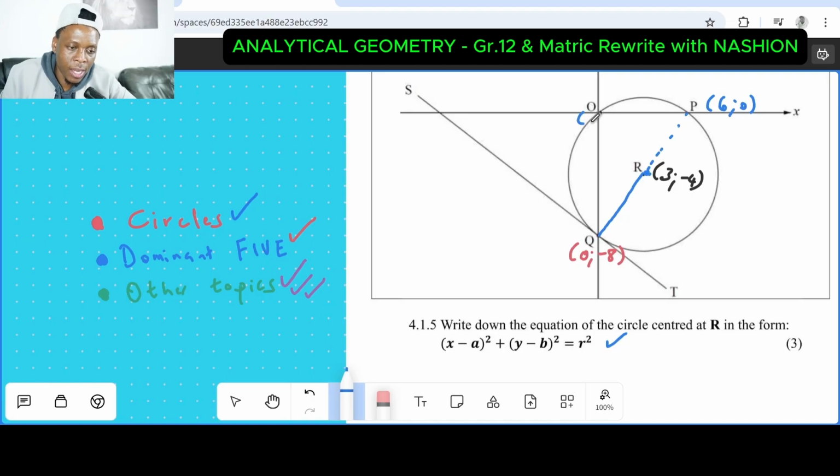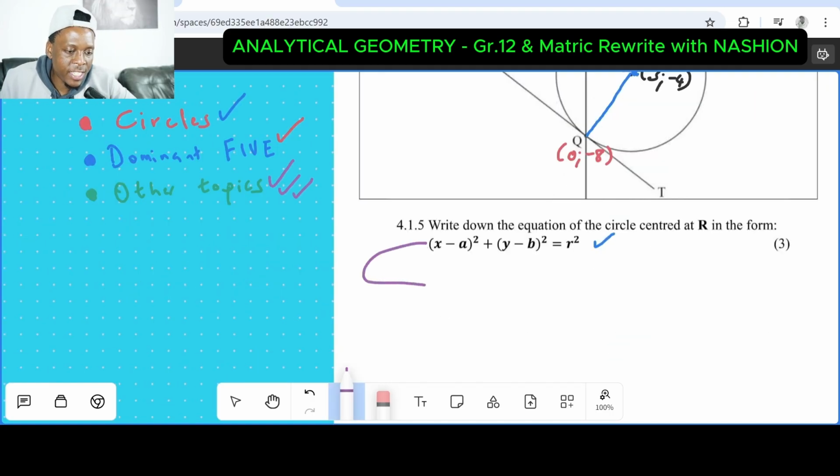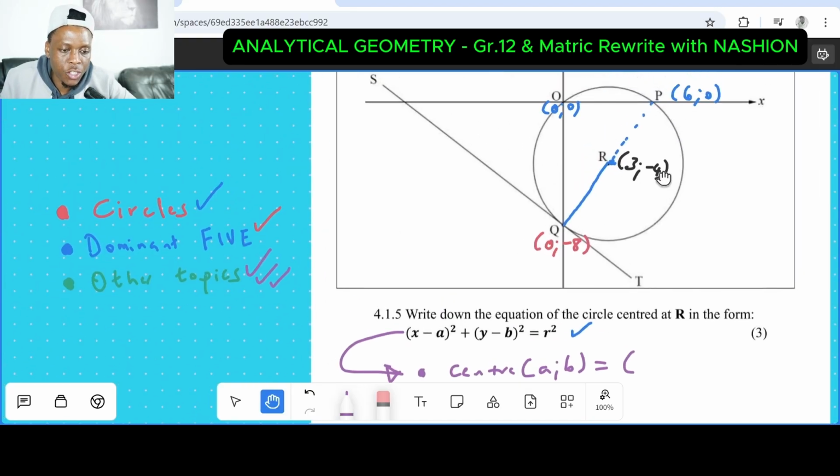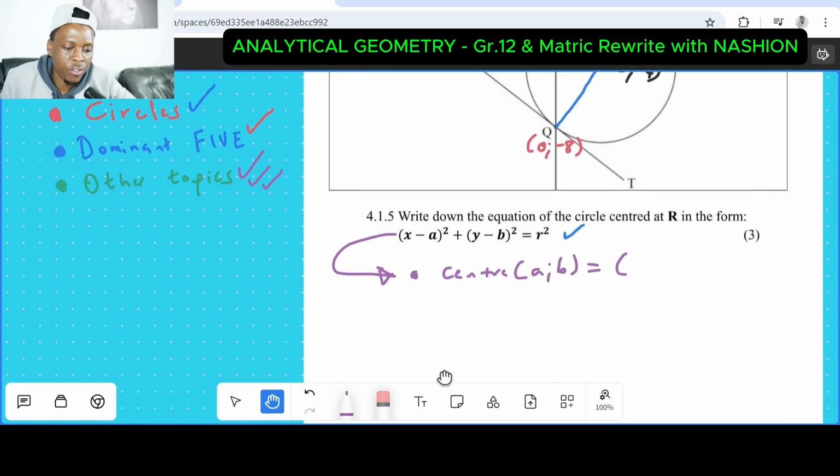Origin is right up here. And from this formula, let's see what we have and what we don't have. Okay, firstly, the center A is to B, which is 3 is to negative 4, the coordinates of R.